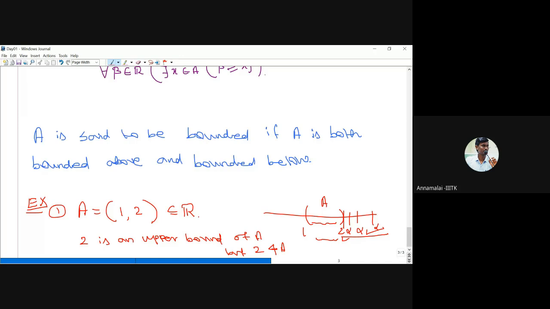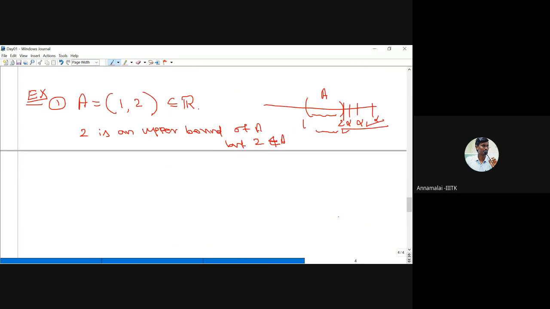So therefore an upper bound need not be a member of the set. Similarly lower bound. So 1 is a lower bound of A but 1 is not a member of A. Therefore, the upper bound and lower bound need not be a member of the set.